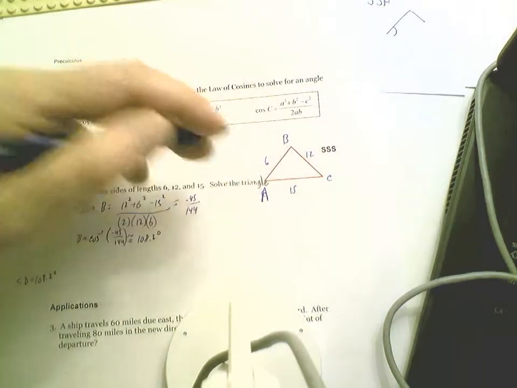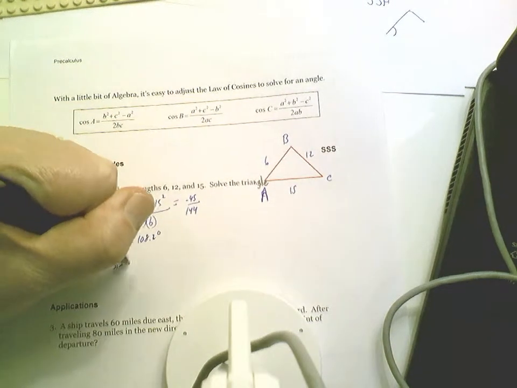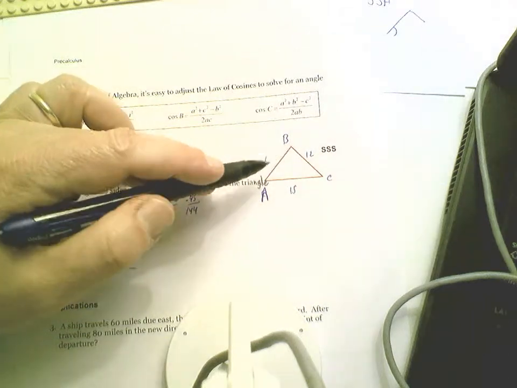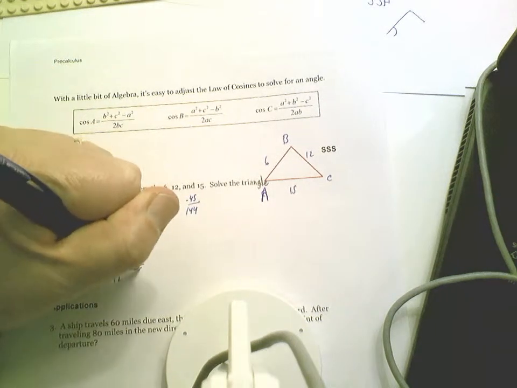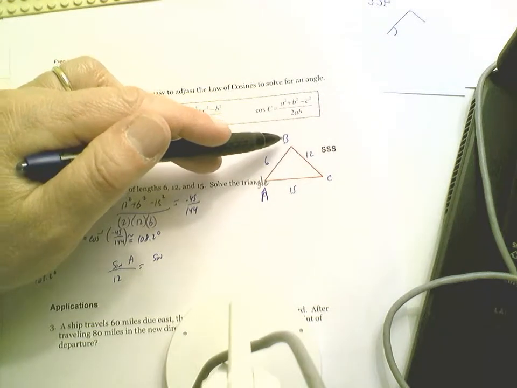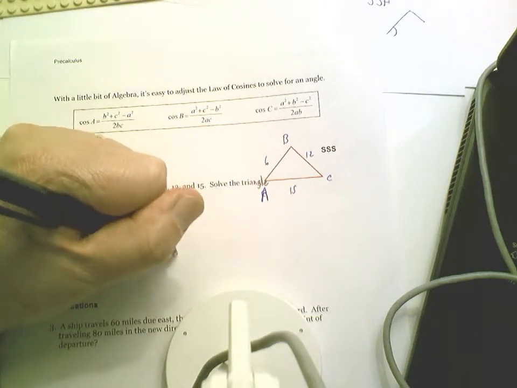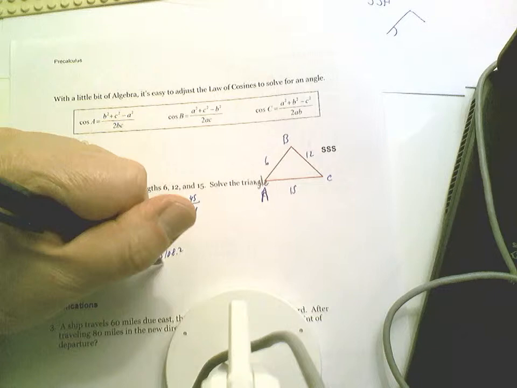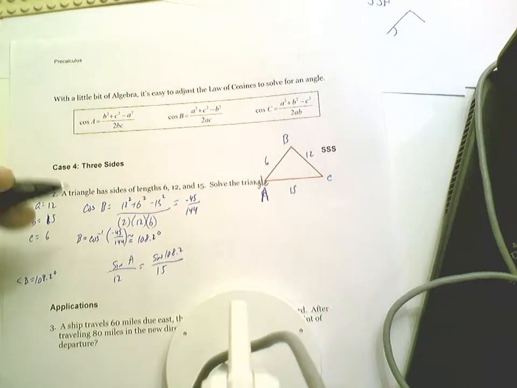So I know that the sine of A over 12 equals the sine of what? B, 108.2 over 15. What can I now say?